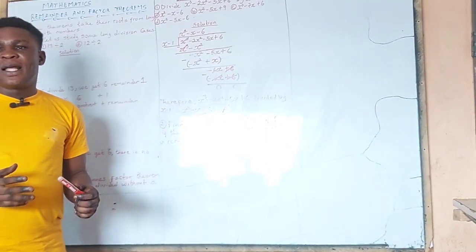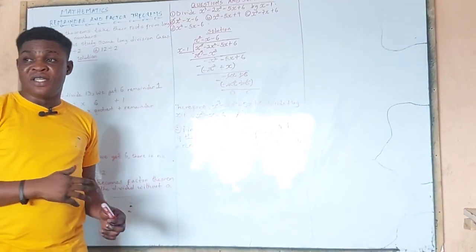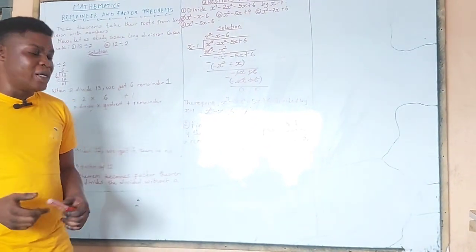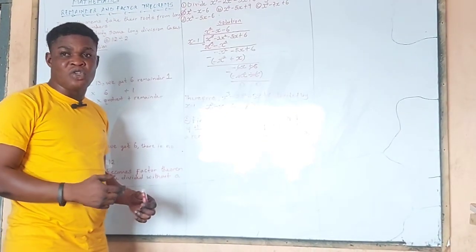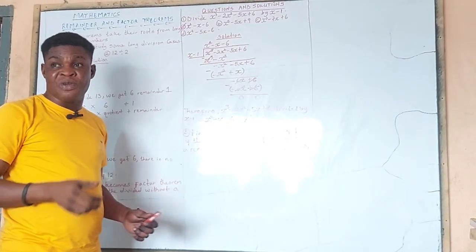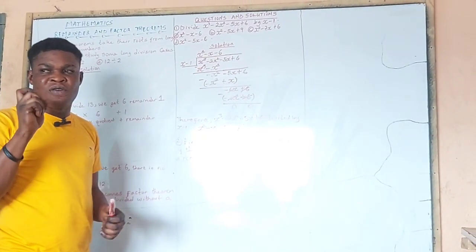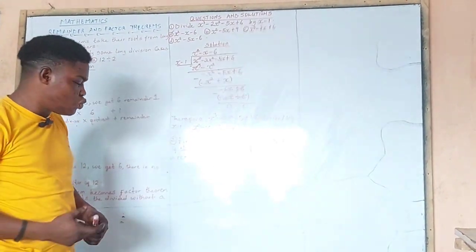Now I can solve this in two ways. So you need to understand your steps while solving very well. I will apply the second way to solve because of our time in JAMB. As a JAMBite, you need to be conscious of your time because you have a lot of questions to solve.